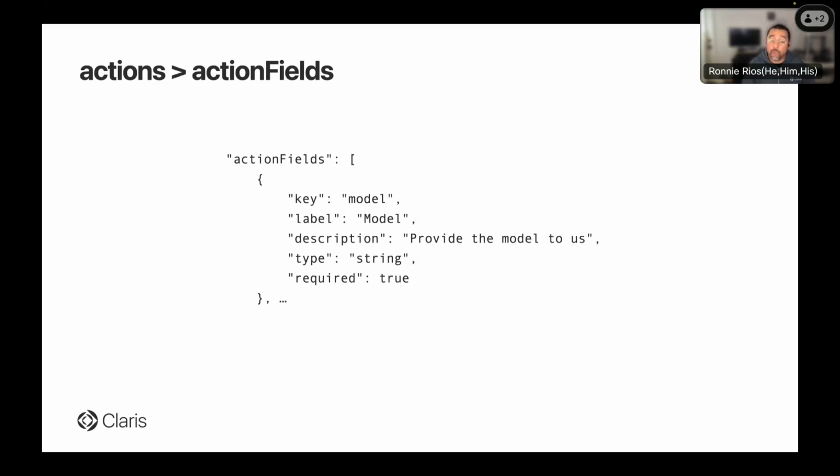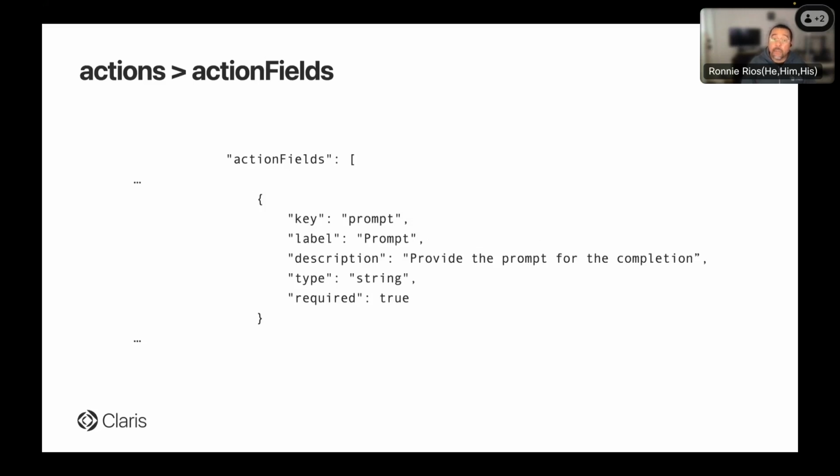For the first one, which is model, the key is exactly how the API identifies this parameter. And reading from the documentation, it was just model, all lowercase. Label is what we want the user to see for that field. Description, self-explanatory. And then we said that the type for this was string, and this was a required field, right? Model was required. So that's the first object that we're going to have here in the actions field.